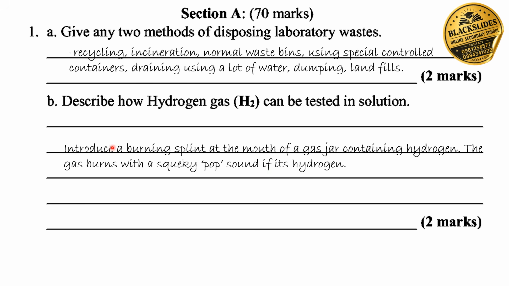So 1 mark for saying introduce a burning splint at the mouth of the gas jar containing the gas. The other mark comes from the result that would be observed: the gas burns with a squeaky pop sound if it's hydrogen gas.